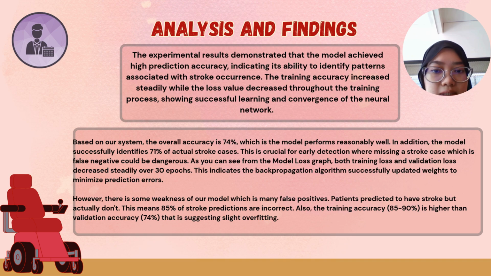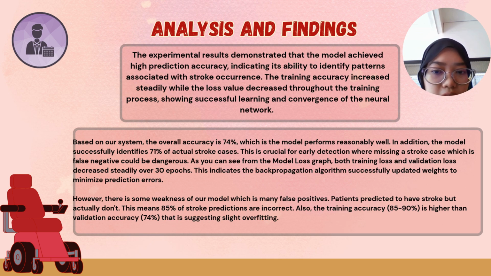But as you can see from the coding, both training loss and validation loss decrease steadily over 30 epochs. This indicates the backpropagation algorithm successfully updated weights to minimize prediction errors.